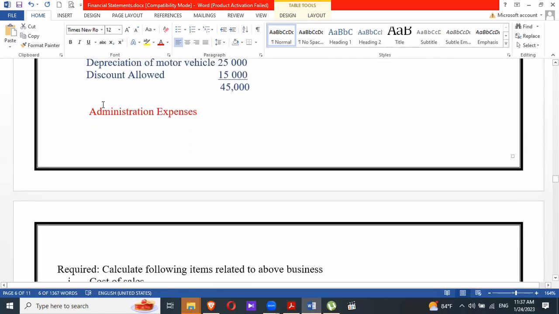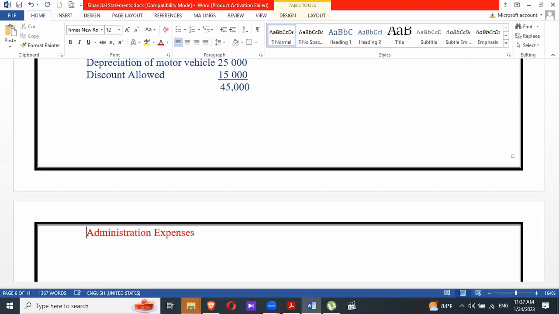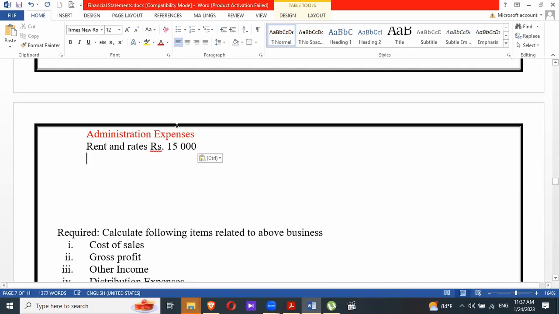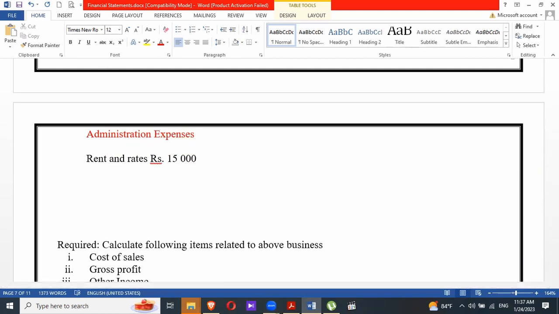So let's go and complete this. Rent and rates 15, salaries 36. Salaries 36,000. Then can take the total.